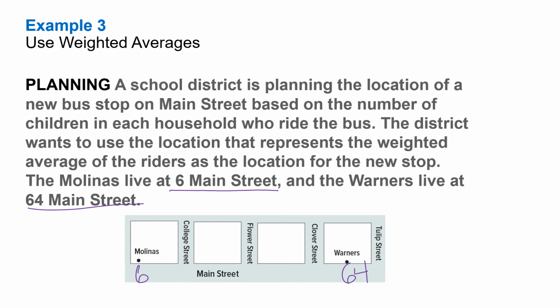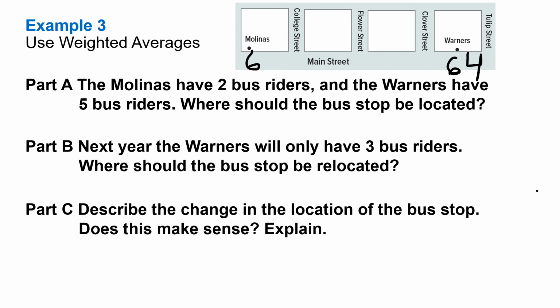Now we need to figure out the weighted average. Part A. The Molinas have 2 bus riders and the Warners have 5 bus riders. Where should the bus stop be located? So the number of bus riders is the weight. So this is W1 and 5 is W2. Part B. Next year the Warners will only have 3 bus riders.